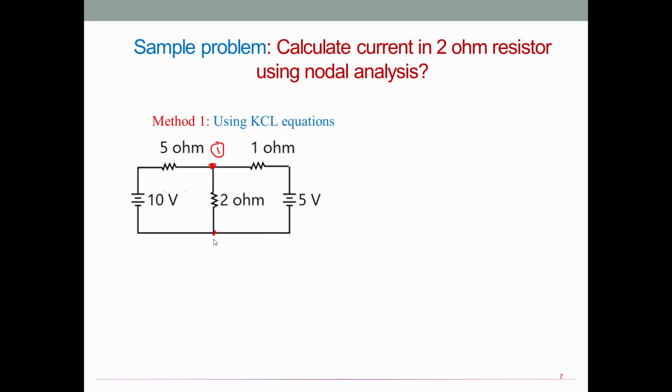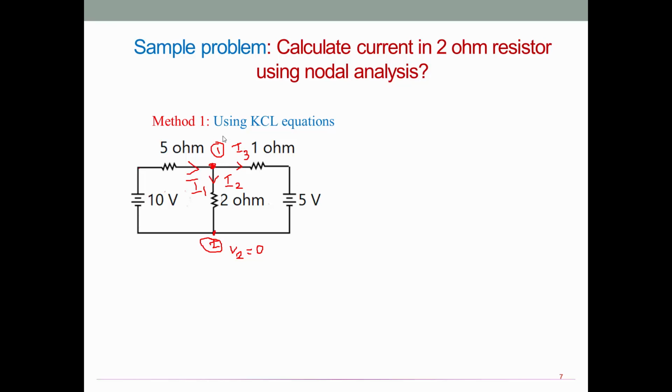This can be a principal node. This is the reference node. V2 is assumed to be 0. Mark branch current direction. So I will take this as I1, this as I2, and this as I3.